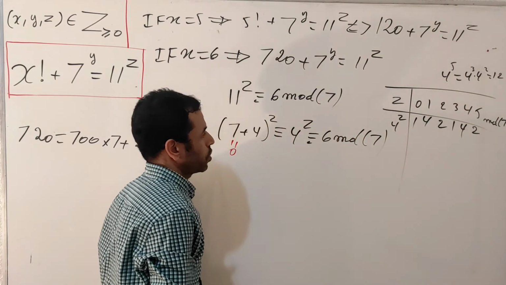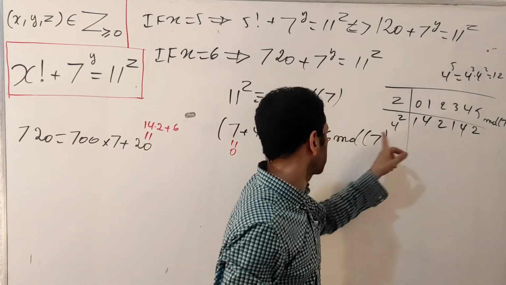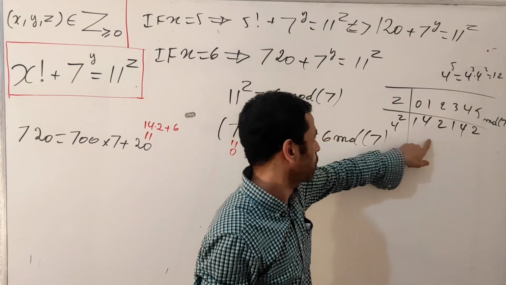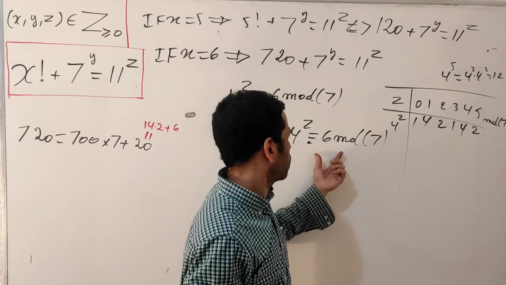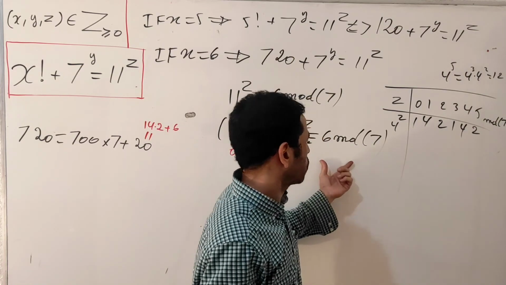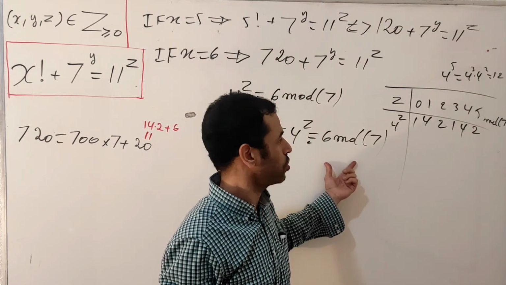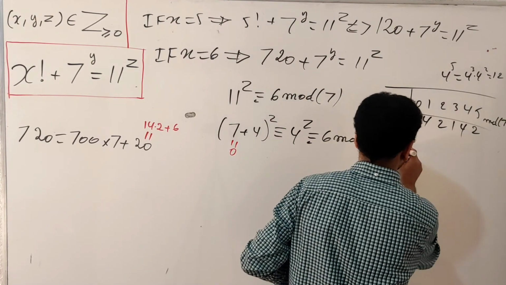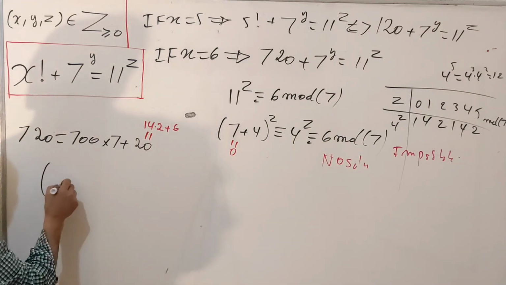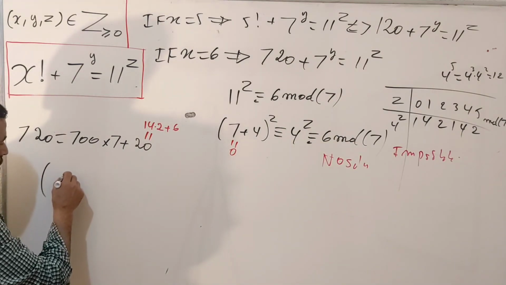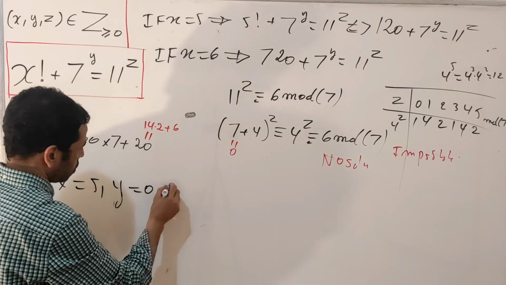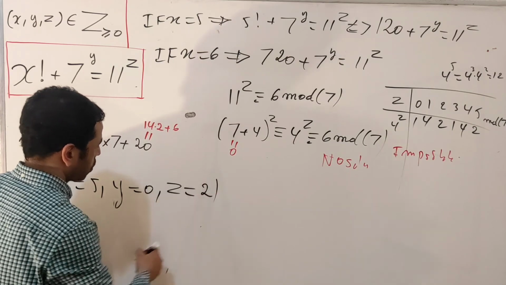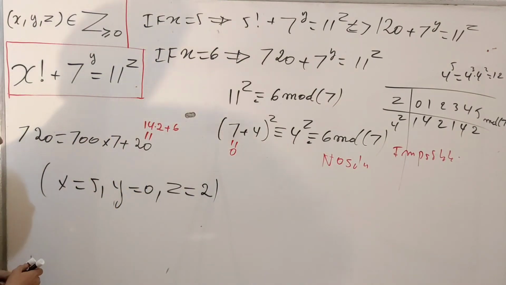What does this mean? There is an absence of 6 in this set. Since we won't find 6 as a remainder, it is impossible to have a solution for this equation. So finally, the solution that we have is x equals 5 and y equals 0 and z equals 2, which verifies this equation.